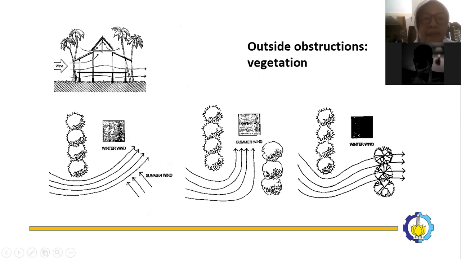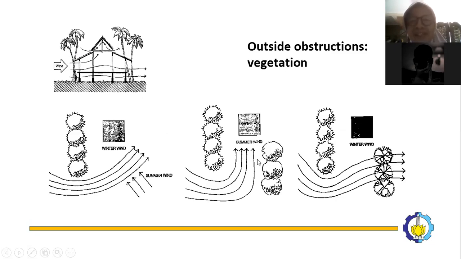So we can direct the wind flow or air movement by designing the landscape or designing the vegetation, but we have to be careful to choose what kind of vegetation, what kind of trees.